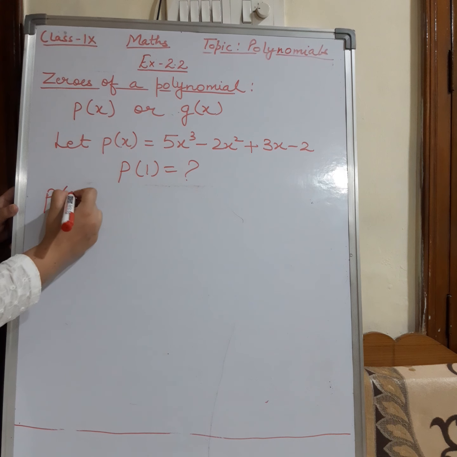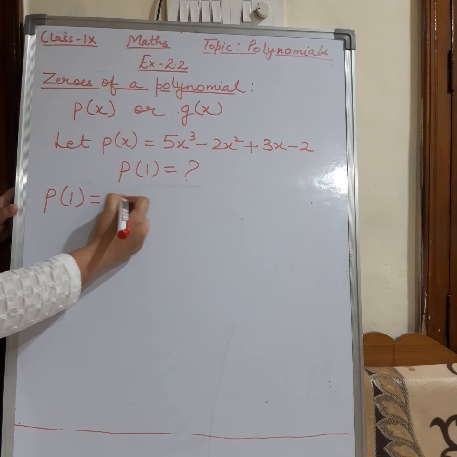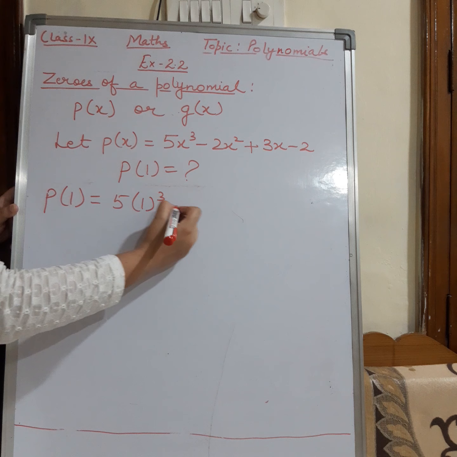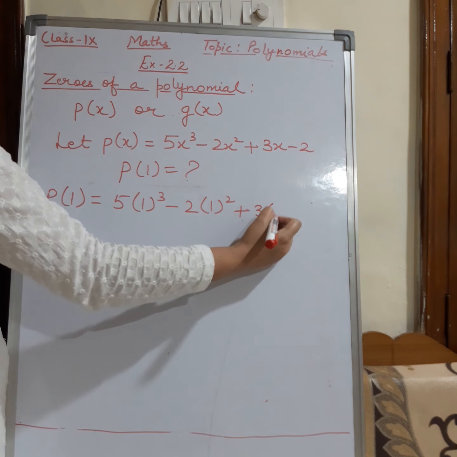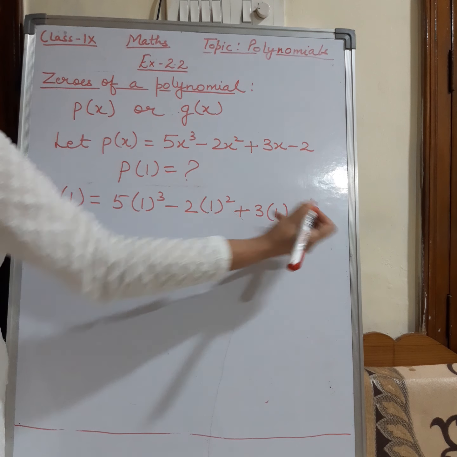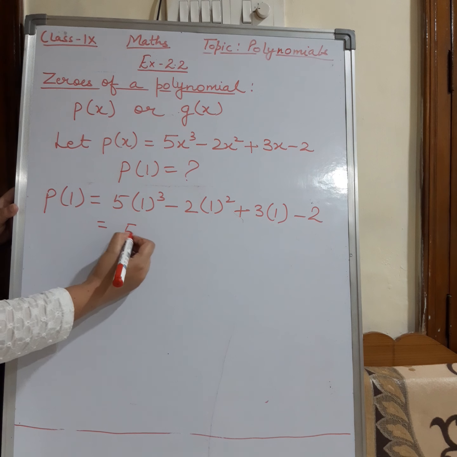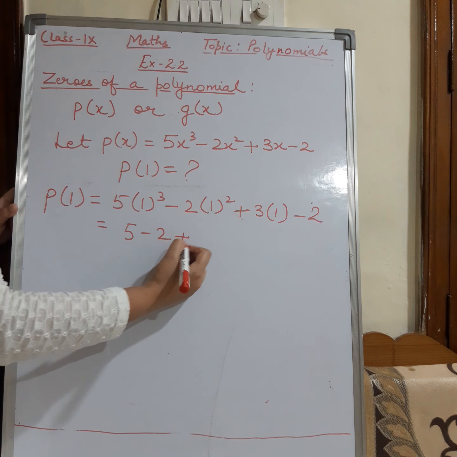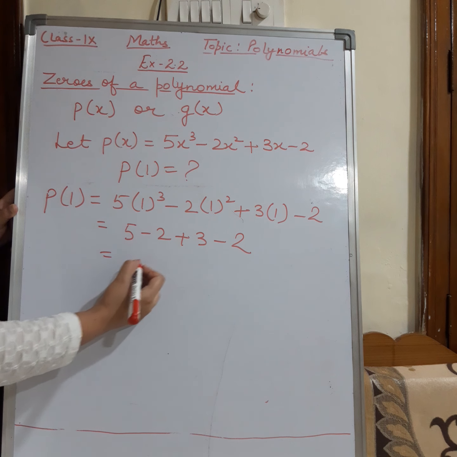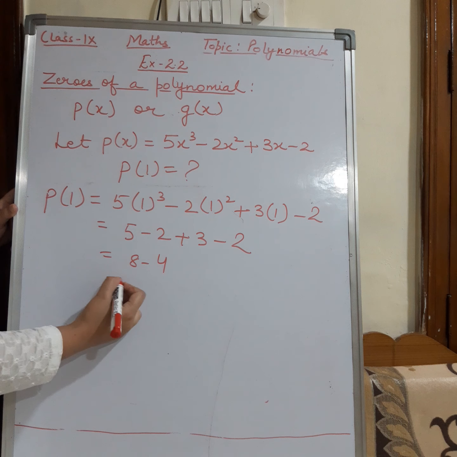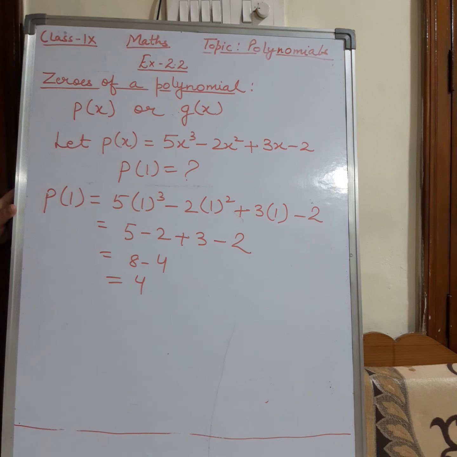So my p of 1 will be equal to 5 into 1 cube minus 2 into 1 square plus 3 into 1 minus 2. So it will be 5 minus 2 plus 3 minus 2. That means 8 minus 4, it is equal to 4.